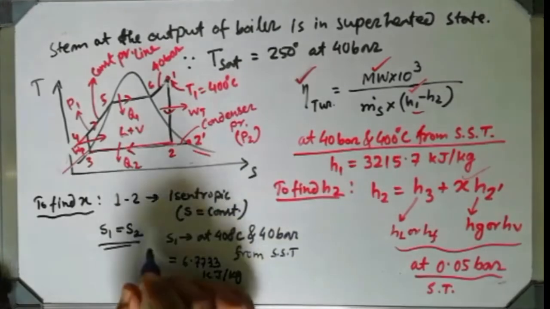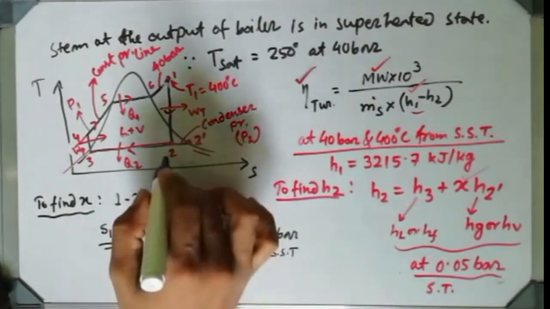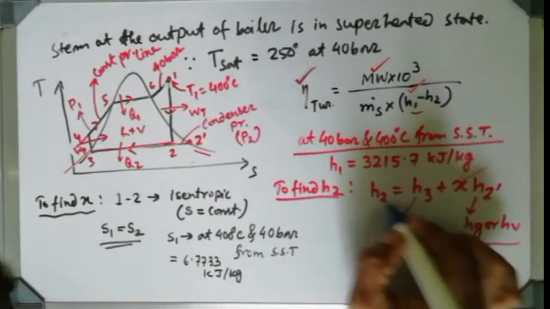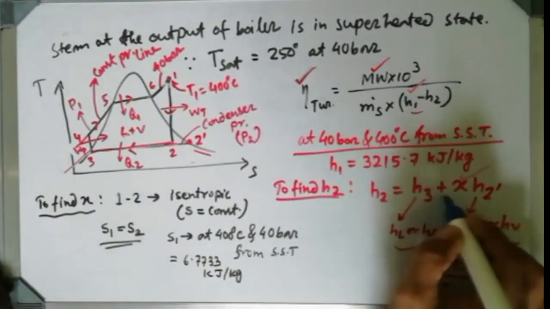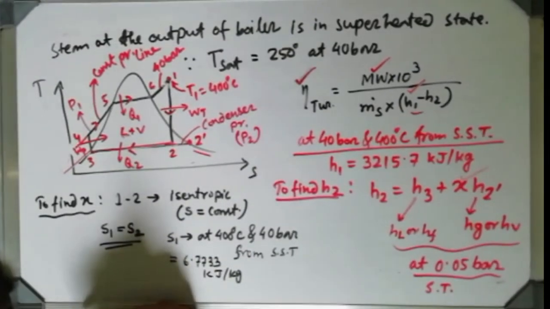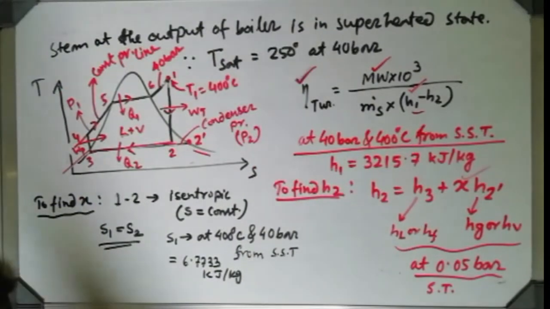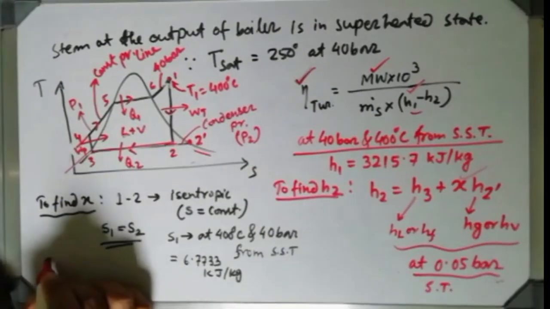Okay. Now if S1 is known to you, then in case of S2 you can use the same kind of relationship that you used in enthalpy finding. Same relationship, instead of enthalpy I am putting entropy.